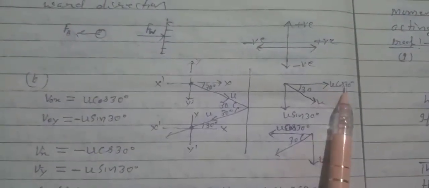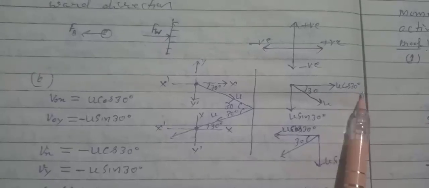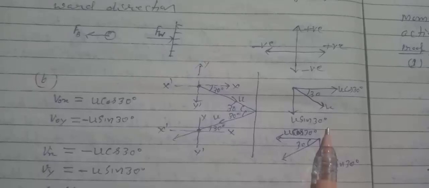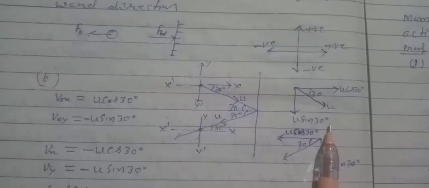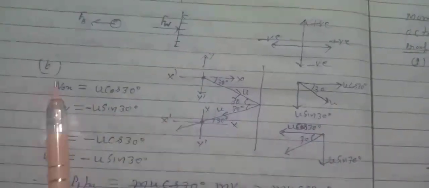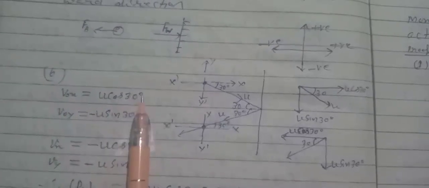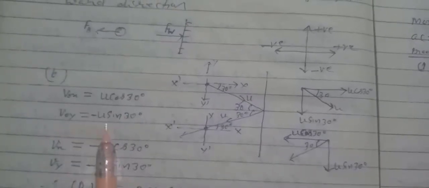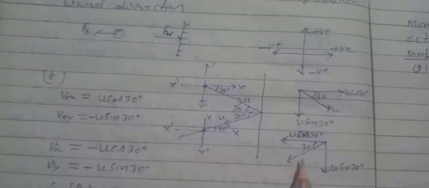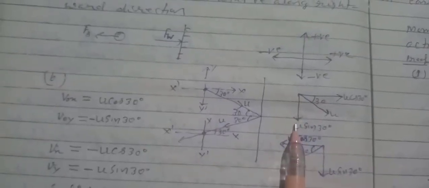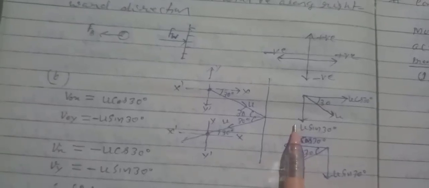In this direction the velocity is u cos theta, and in this direction the velocity is u sin theta, u sin 30 degrees. So we are writing the initial velocity along x direction u cos 30 degrees, and the initial velocity along y direction minus u sin 30 degrees, because in this direction we have to take a negative value according to the sign convention.